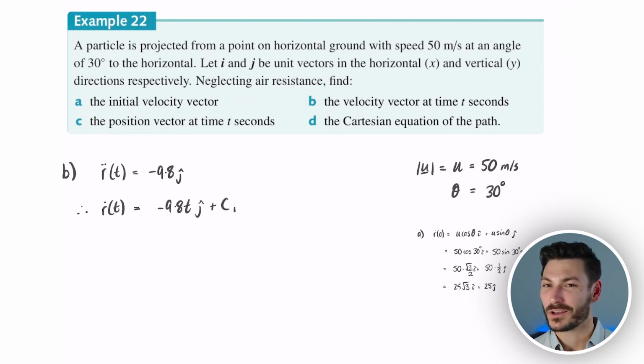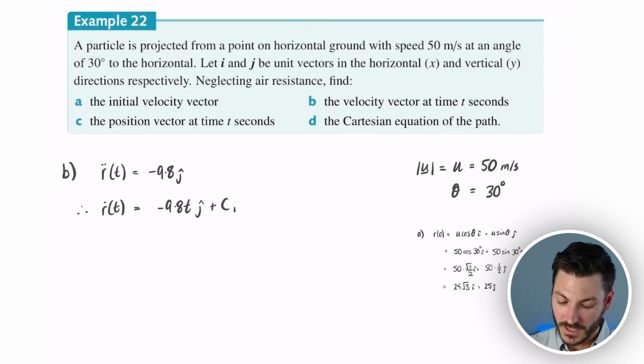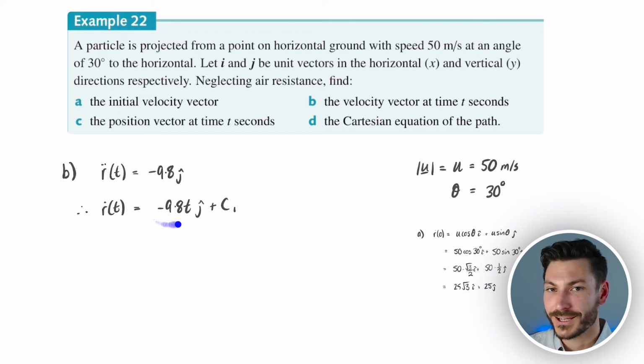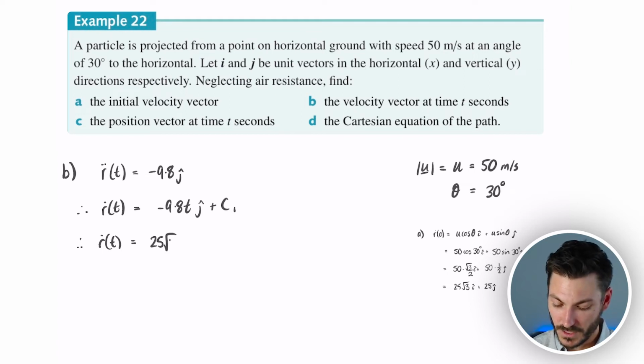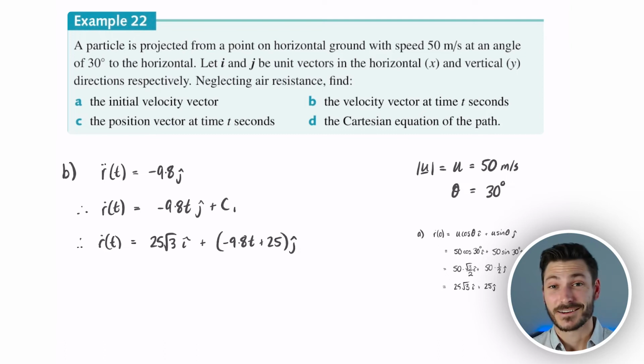Now we know what c1 is, because we know the initial velocity is that velocity vector from before. So the j component of negative 9.8 t is going to combine with the 25 over here in the j direction. Therefore r dot t is going to be 25 root 3 i plus negative 9.8 t plus 25 in the j direction.